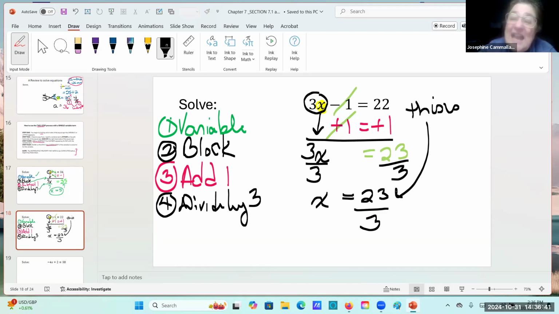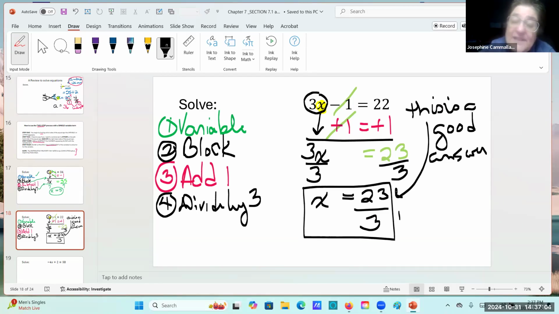This is a good answer. You don't want to divide it out, but if you have to reduce, you got to reduce. In algebra, this is known as an improper fraction answer.